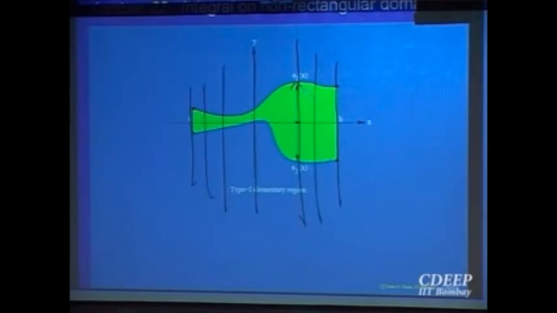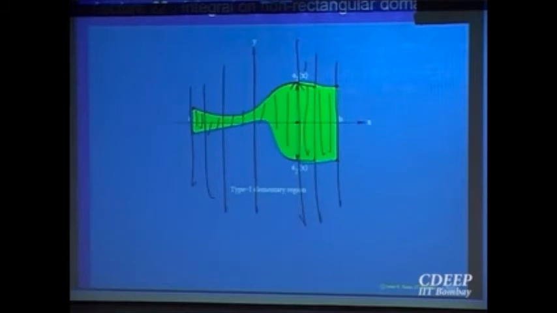They will go from this boundary to this boundary. The lower curve is phi 1 of x, the upper curve is phi 2 of x. So at any point inside from x is equal to a to x is equal to b, if you take a vertical line, the segment of that line is between phi 1 of x and phi 2 of x. So essentially the idea is these are the line segments which are going to contribute for the domain.